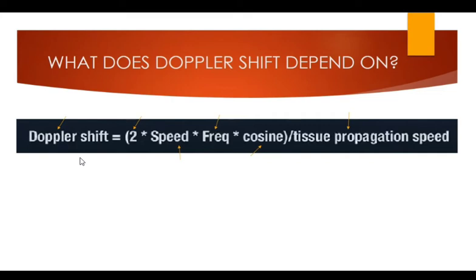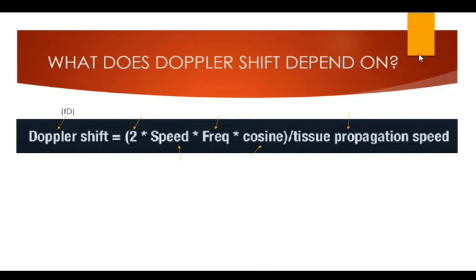So let's look at Doppler shift again. Doppler shift is the frequency change as an object is moving either towards or away from an observer. And the observer in the case of sonography is the probe. So let's look at the next number, 2. 2 is the round path of our ultrasound signal.